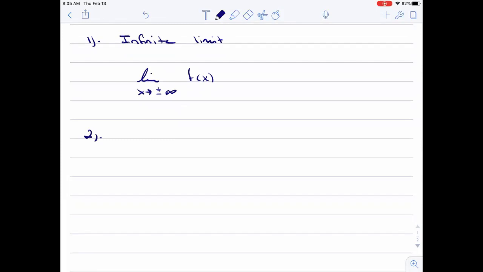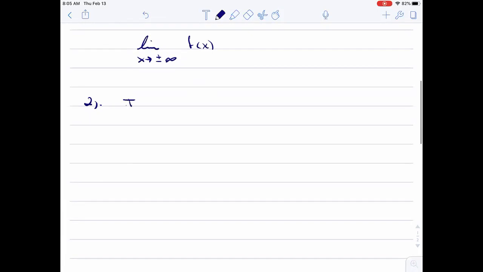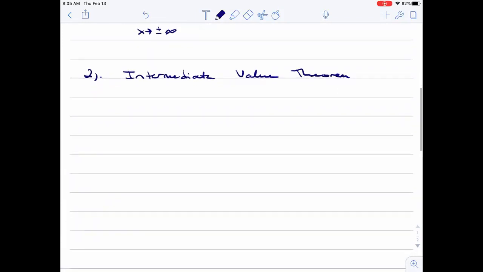Second question is going to be an intermediate value theorem question. We said that the intermediate value theorem is pretty obvious.